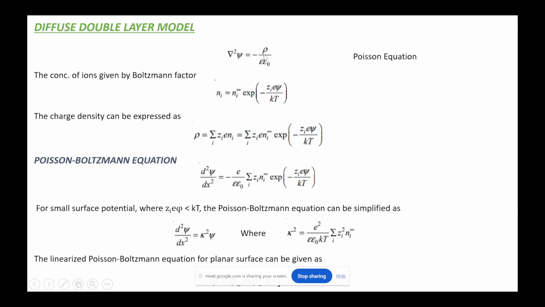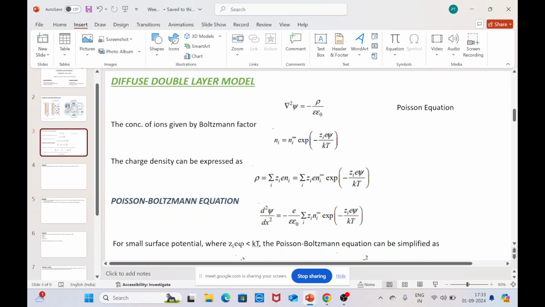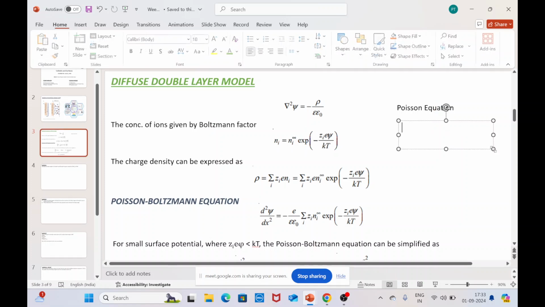Now if you see this charge density, we need to express this as a function of the surface potential. So let me write this here.